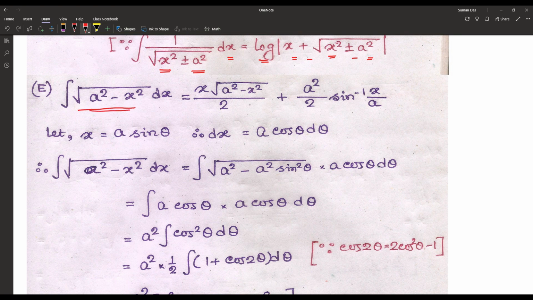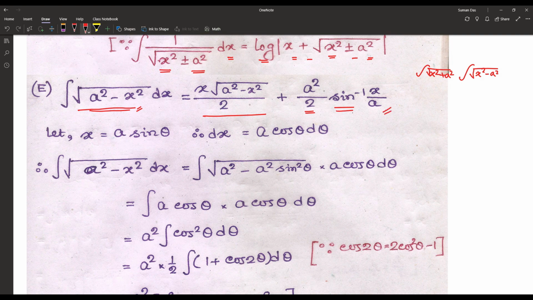Whatever we have done so far is the integration of square root of x square plus a square and the integration of square root of x square minus a square. Now this one is the integration of square root of a square minus x square dx, and the formula gives us x into square root of a square minus x square by 2 plus a square by 2 into sine inverse x by a.